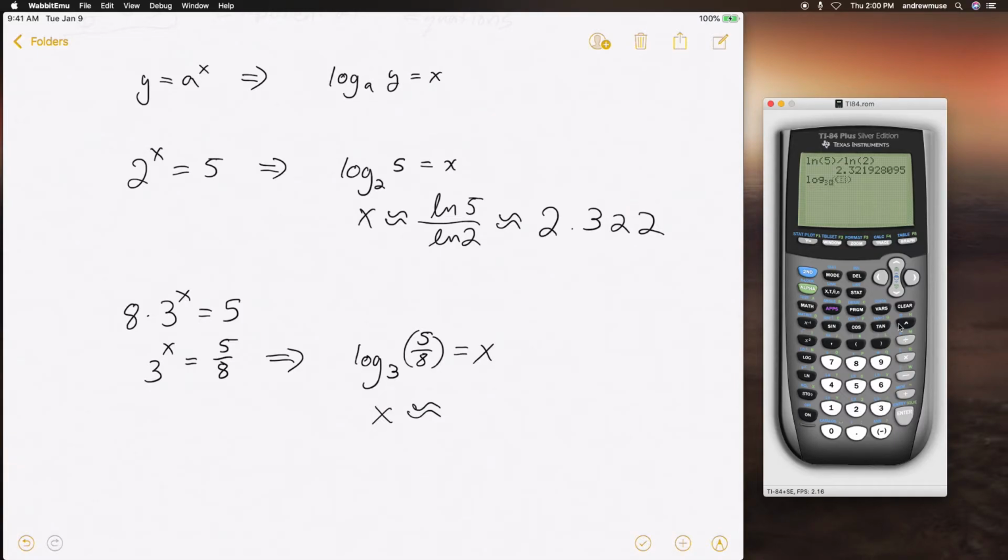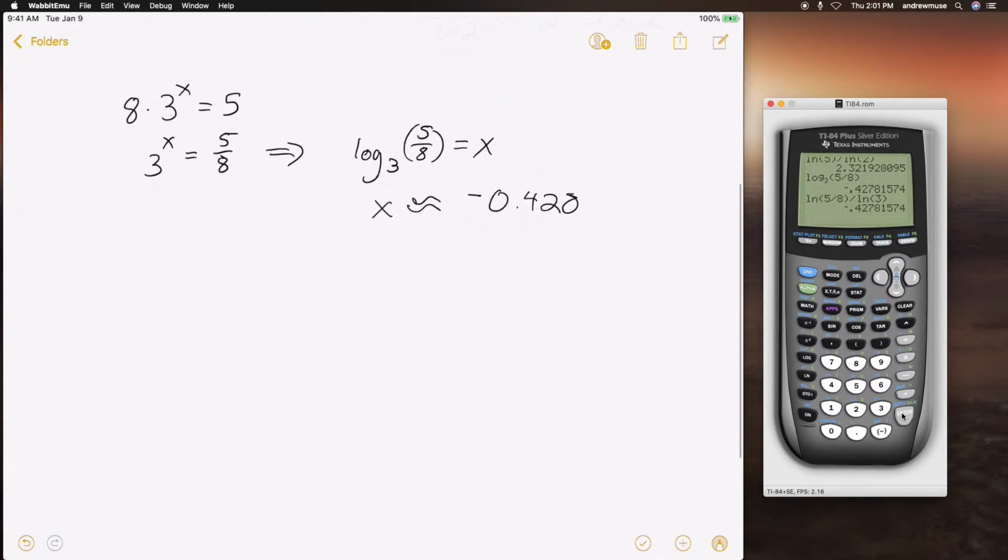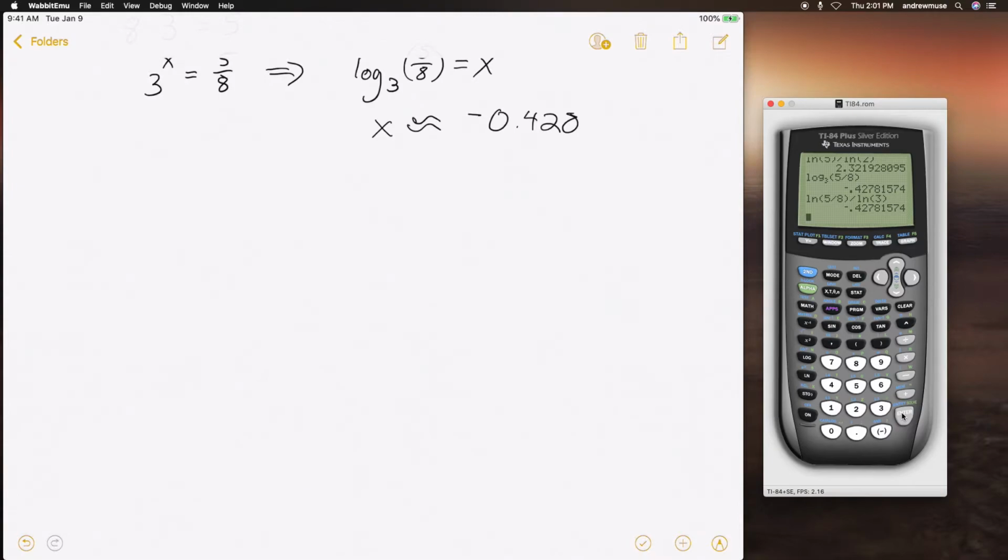So that was log base 3 of 5/8, or you could have done the change of base, natural log of 5/8 divided by natural log of 3. And it is approximately 0.428.